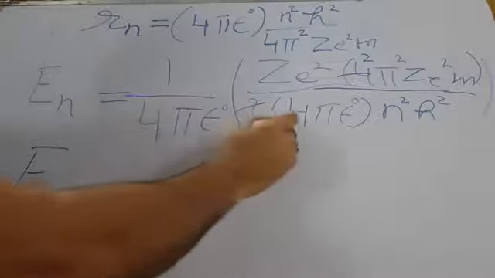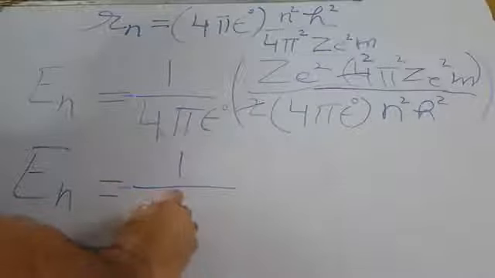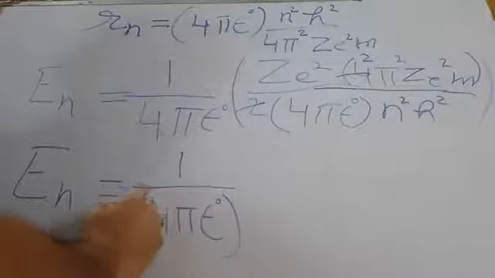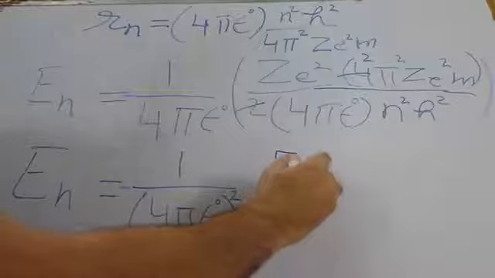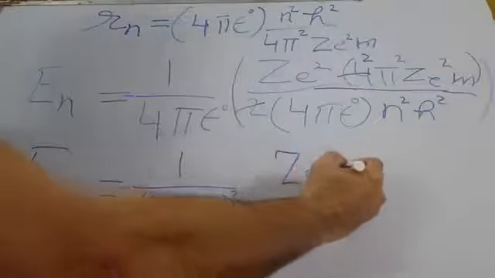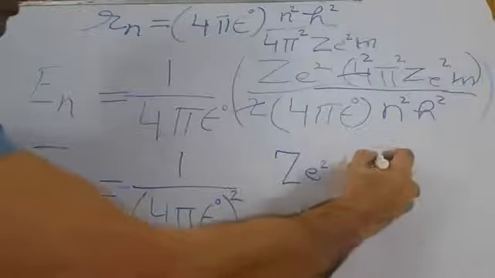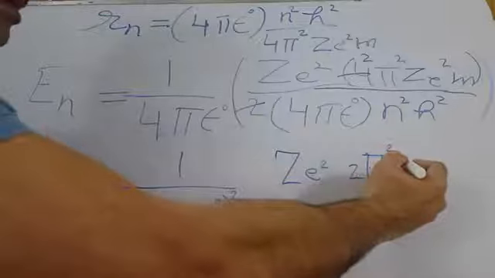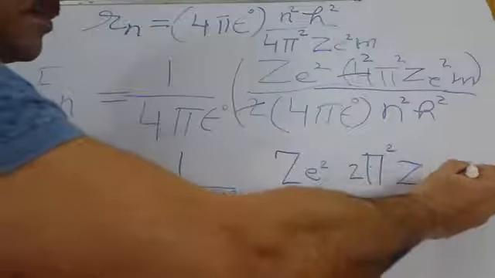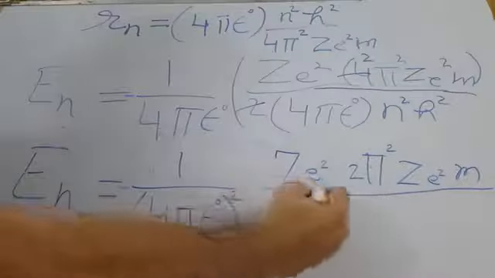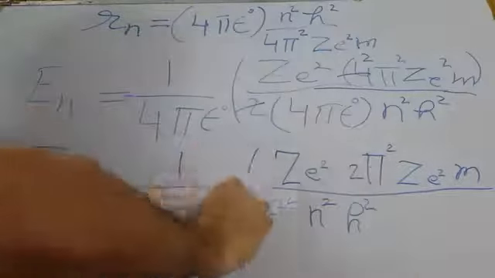This is 4 pi epsilon 0, and this is 4 pi epsilon 0, so it would be 1 upon 4 pi epsilon 0 whole square, and this is Ze square into 2 pi square Ze square m upon n square h square.